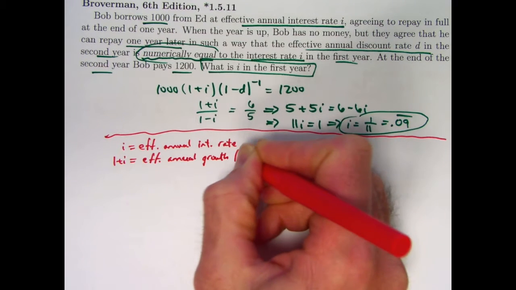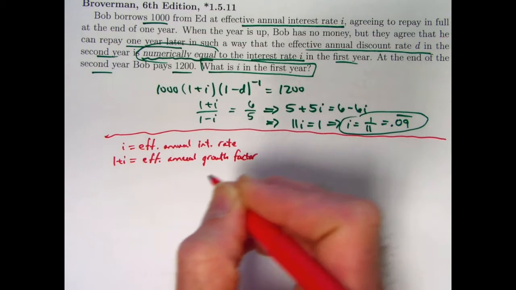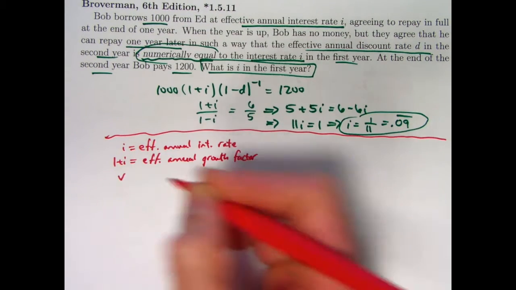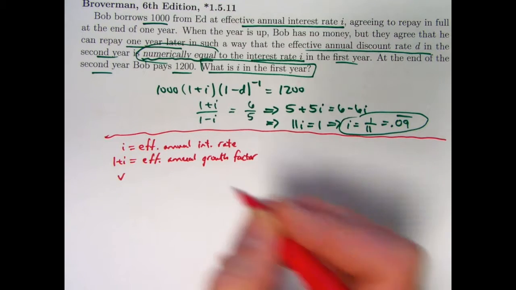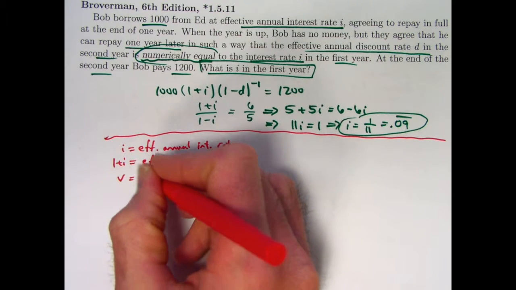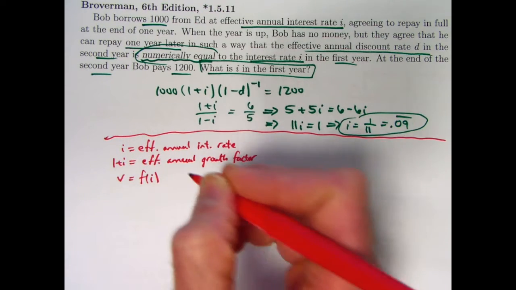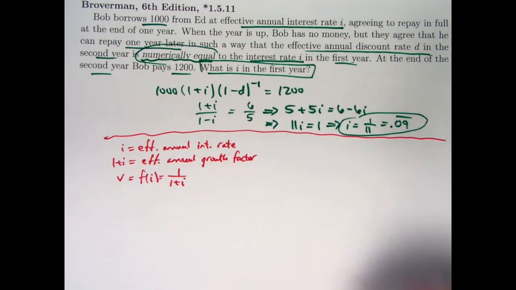It's what you need to multiply any amount by to get the future value 1 year in the future. We have V, the effective annual discount factor. It's a function of I. Let me go ahead and give that function a name. Let me call it f of I. We have seen that it's 1 over 1 plus I. This is the thing you need to multiply any amount by to bring it back into the past, to discount it to the past, to find its present value now if it is an amount 1 year in the future.